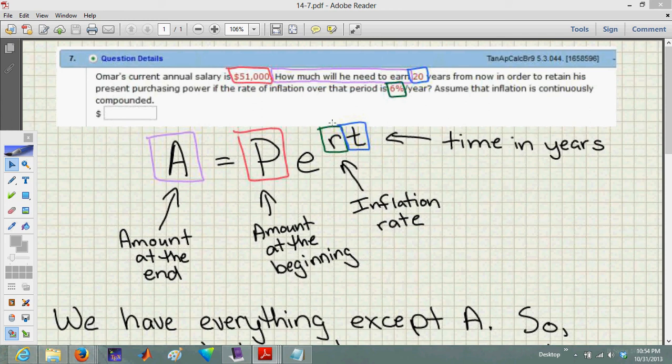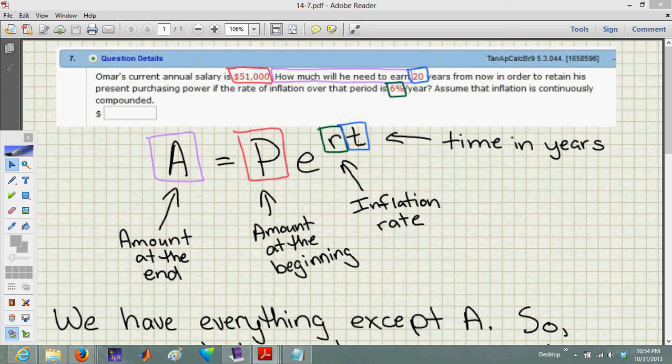It is not 6, it's 6%. That's 0.06. 6% is 6 divided by 100. So when you're plugging in these rates, if it's a percent like this, you need to divide by 100. So when we plug in for R, it's going to be 0.06. I cannot emphasize enough that this is not 6. It is 0.06. Okay? I'm going to say it again. I will say it again before the video is over.